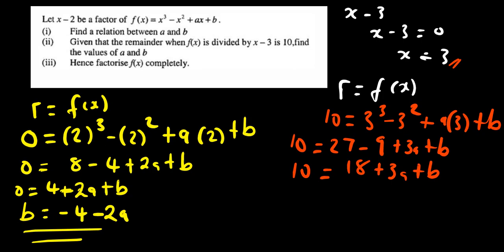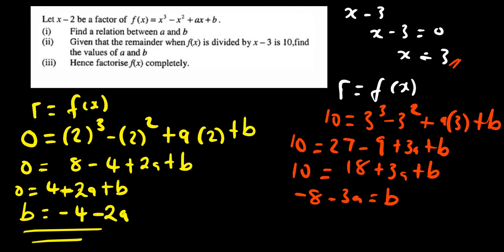Then if we take the 18 to the other side, it becomes negative 18. Negative 18 plus 10 will just give us negative 8. So here we have negative 8 is equal to, let me also take the 3a to the other side, it becomes negative as well, negative 3a plus b.